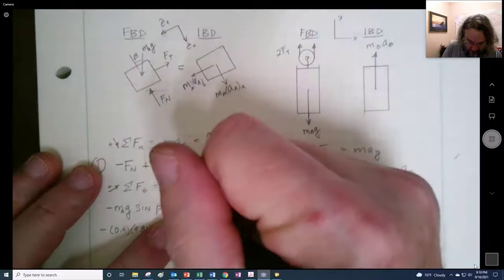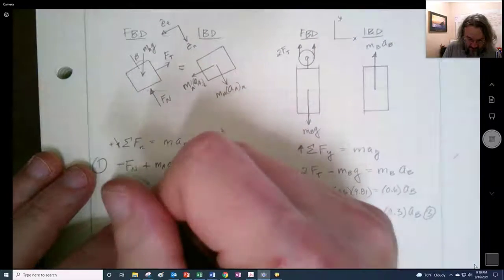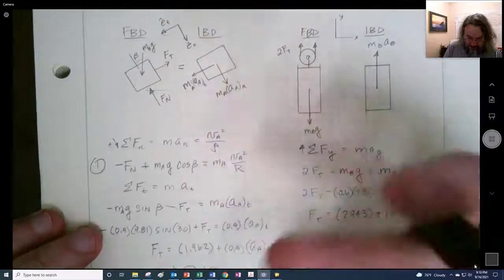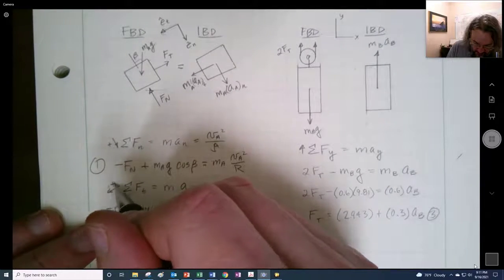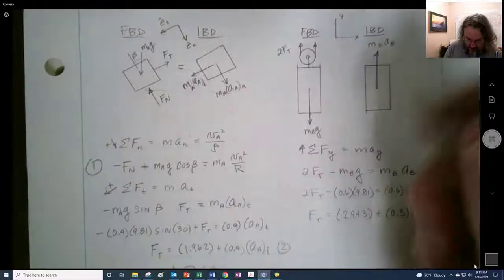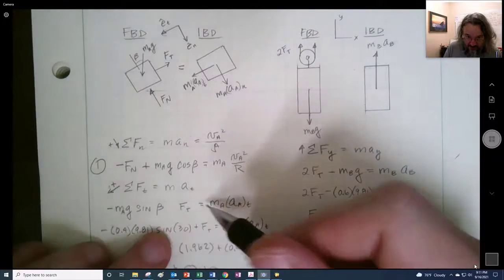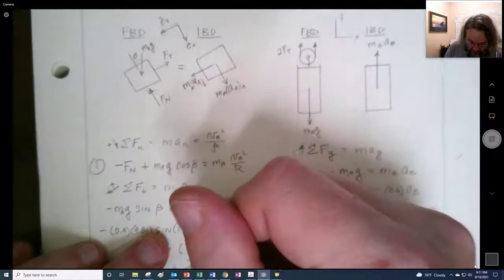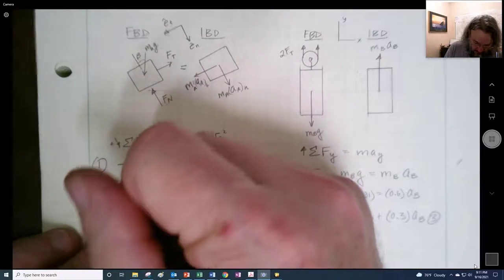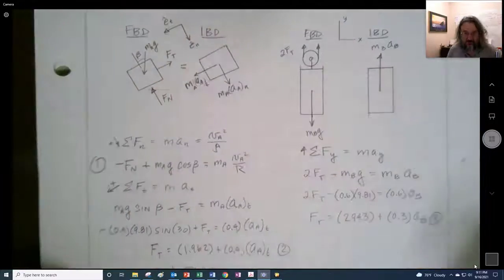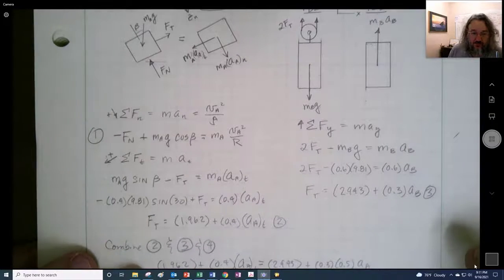I said that was positive, but I should make that right there positive, and tension should be negative here. Okay, so that's going to reverse a lot of the things that went wrong.